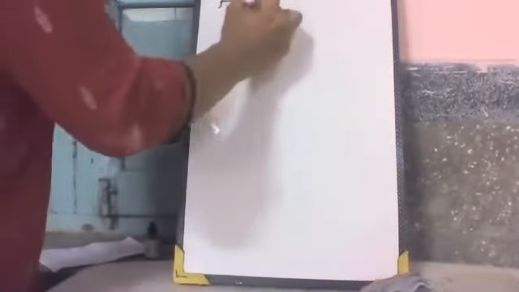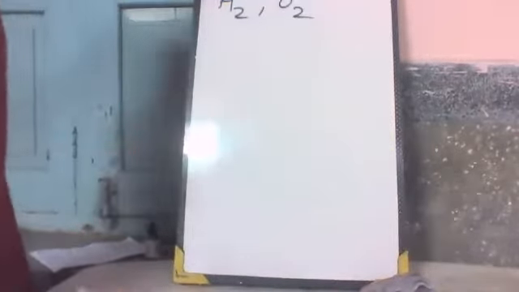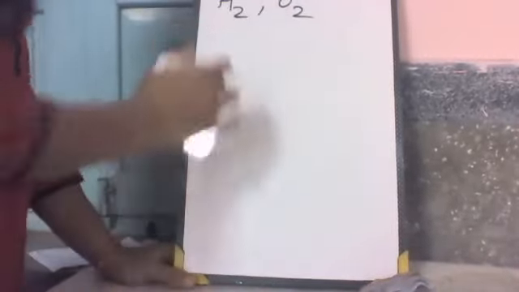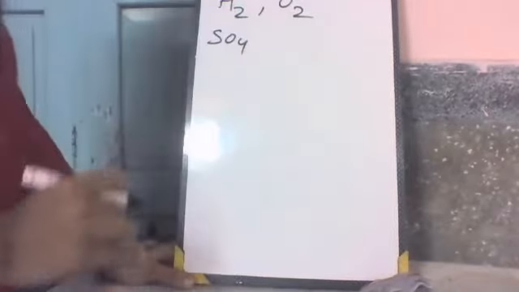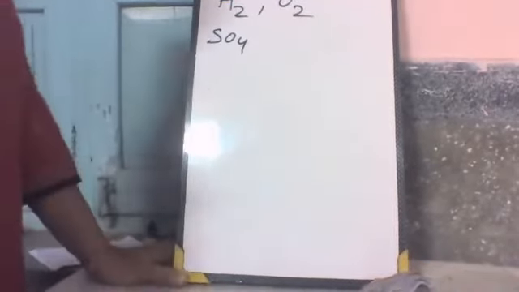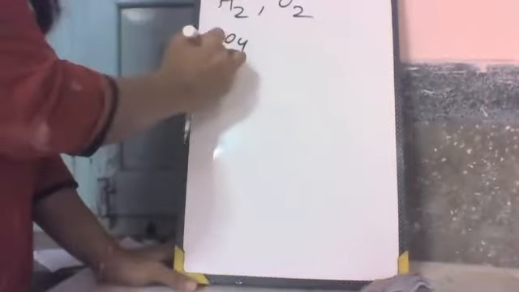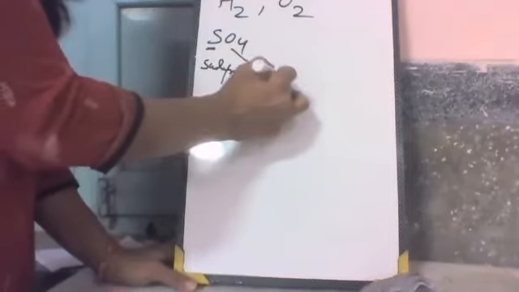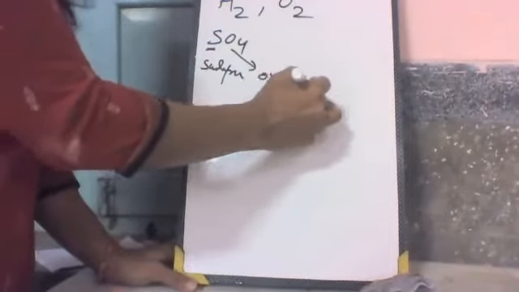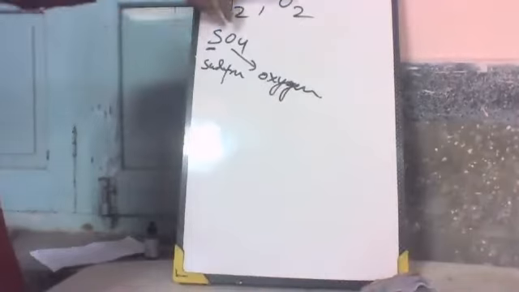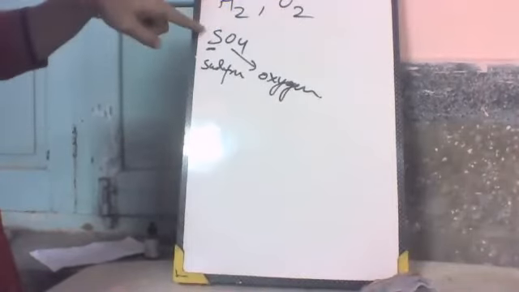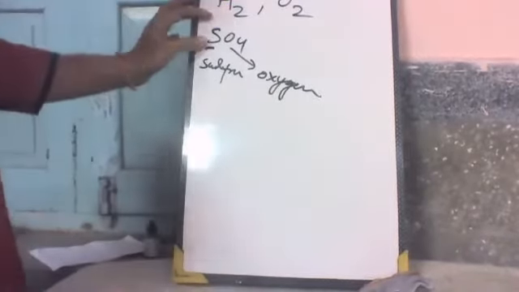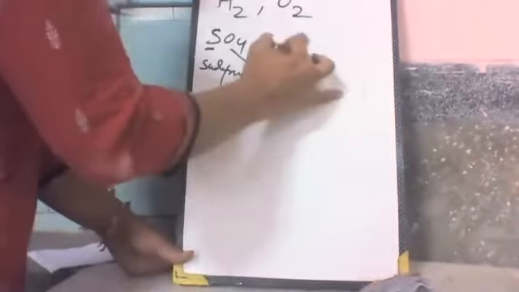But in some cases they have different types of elements together. They are compounds, for example sulfur and oxygen. Since two or more types of atoms are in the molecule, they are known as compound molecules.